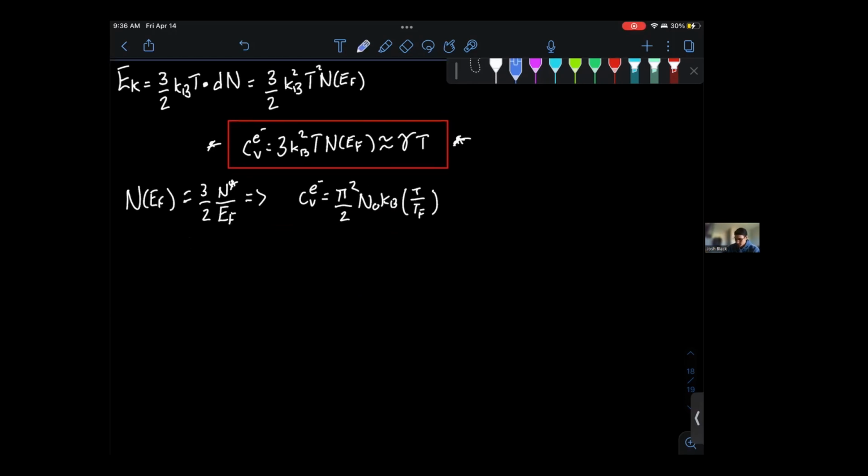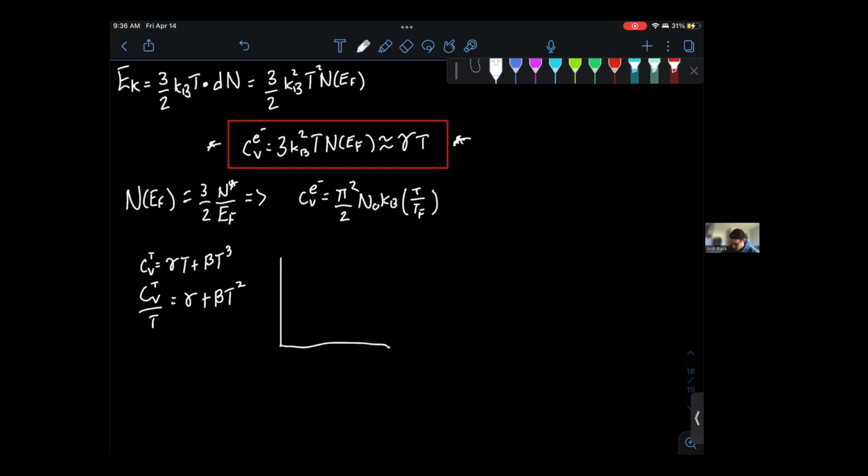Now, the thing that is super cool about this now is we can get an expression for our total specific heat capacity being equal to, if we for our electrons sub in gamma T, and for our phonons beta T cubed, we can then rearrange and say our specific heat capacity over temperature is equal to gamma plus beta T squared.